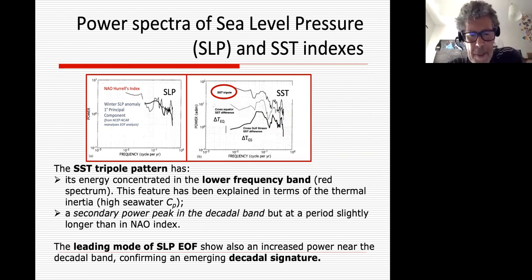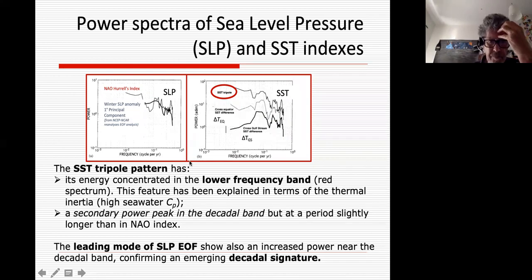When you look at here, you have again a structure of SST expressed in its frequency domain.